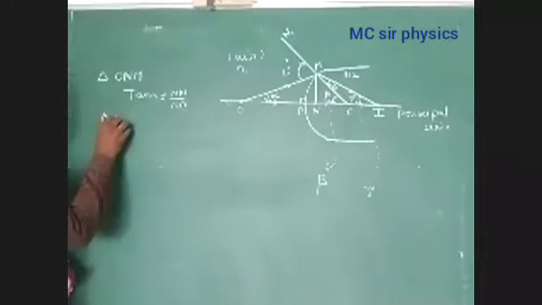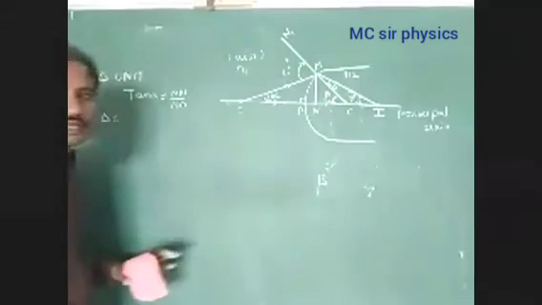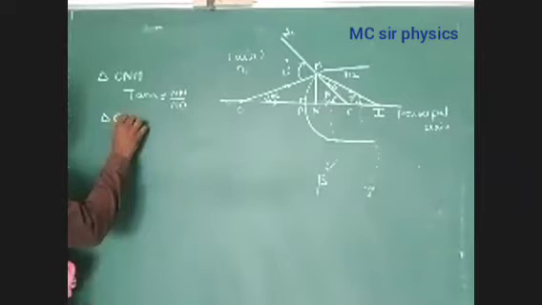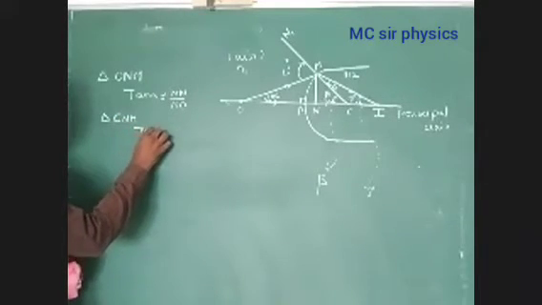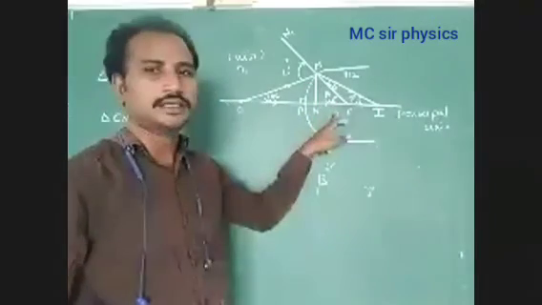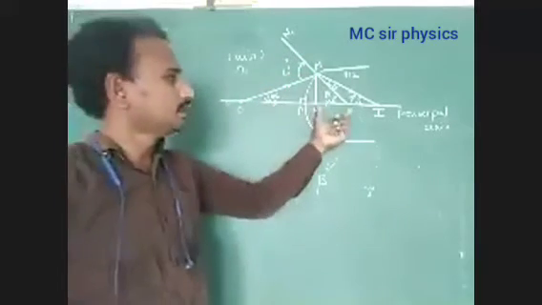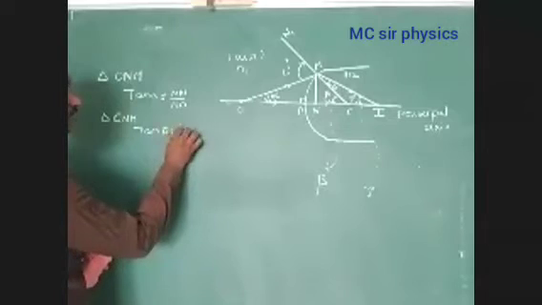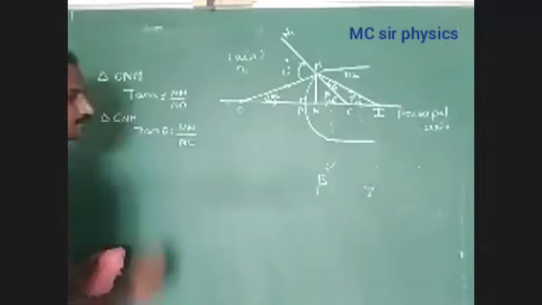Another right angle triangle we have to identify: CNM. Tan beta equals opposite side divided by adjacent side. Opposite side is MN, adjacent side is NC. So tan beta equals MN divided by NC.